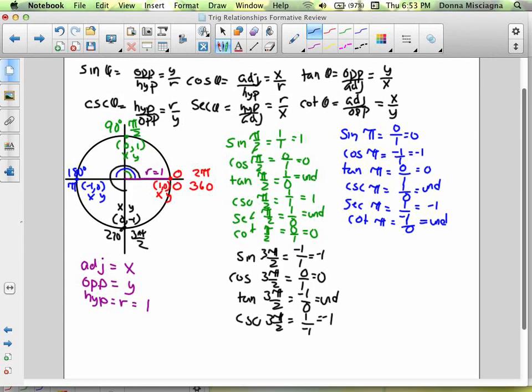Excuse me, that's negative 1. There's no half. That's negative 1. Secant 3 pi halves is going to be r over x, that's 1 over 0, that's undefined. And if I can squeeze it in, cotangent 3 pi halves is going to be x over y, so that's 0 over negative 1, that's just 0.